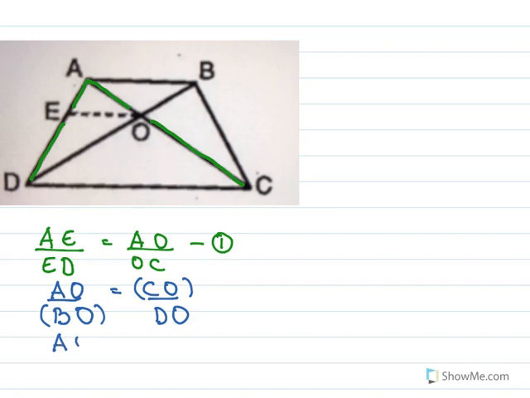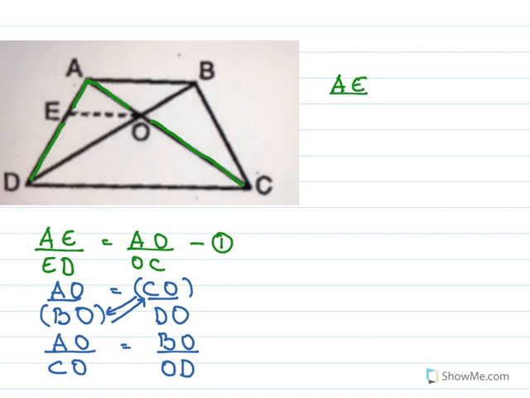Now I'm just going to crisscross. I'm going to cross multiply these two terms, so I'll get AO over CO equal to BO over DO. So what I've done, I brought this down here and I've taken this up here.